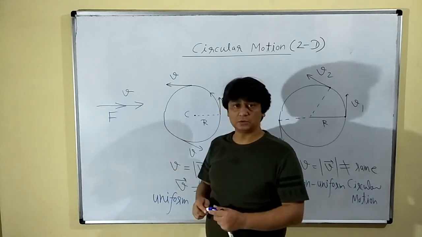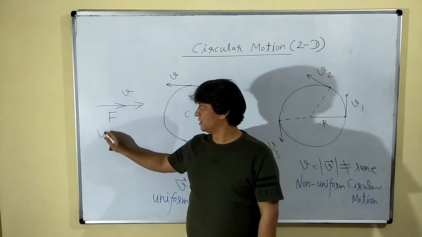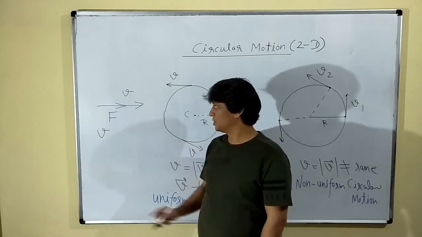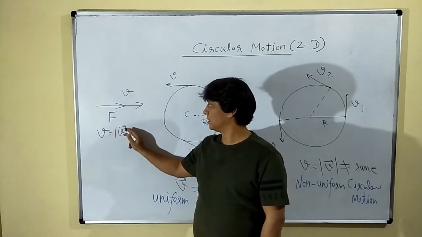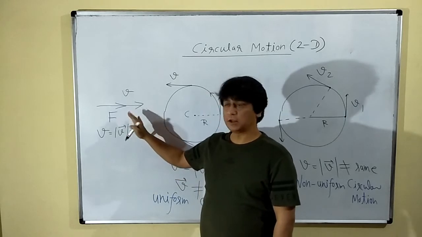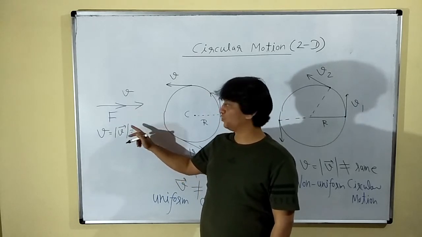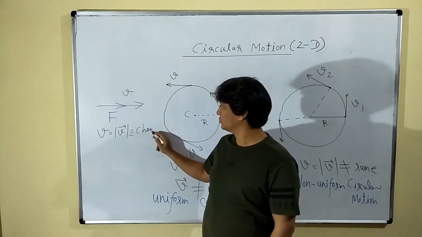In this situation, V, when I do not use an arrow, means magnitude. V is going to change.